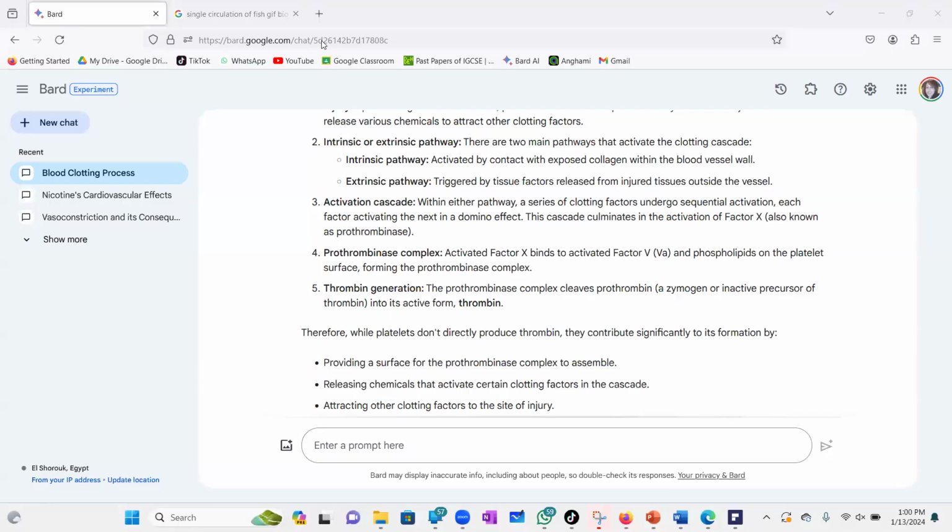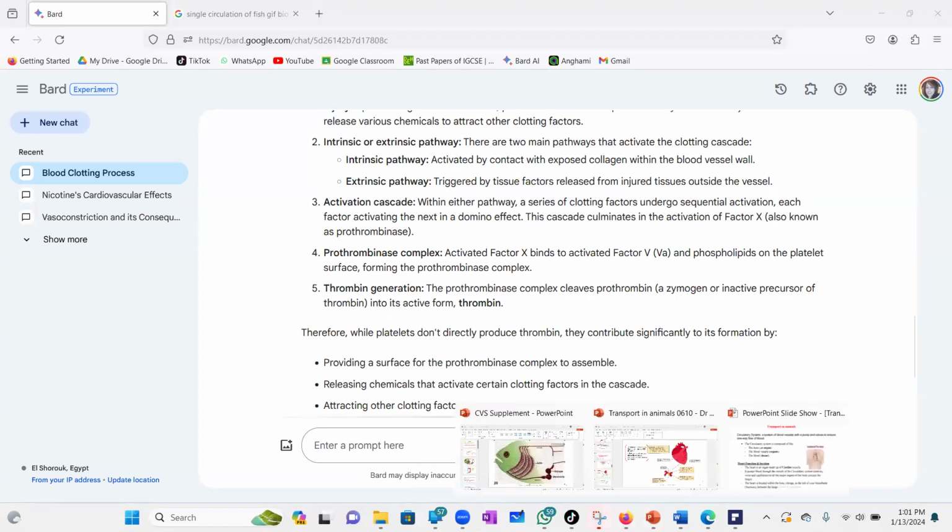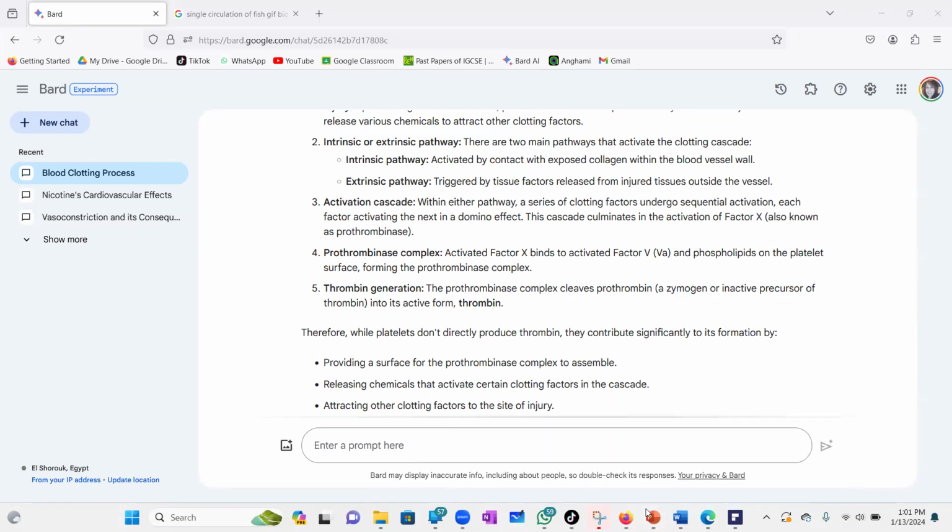Can you hear me? Okay, is my screen shared? Can you see the screen? Yes. What's going on here? Someone, can you please mute? Because someone has something open. One minute.